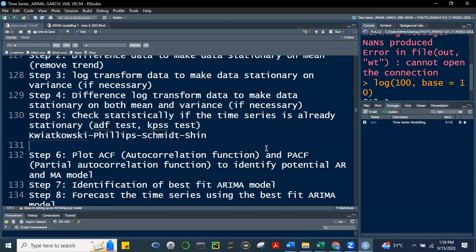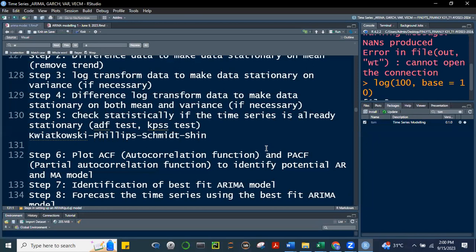We have concluded that our data is stationary, so we can now proceed with determining what model we are going to use. Is it an AR process? If it's an AR, is it AR1 or AR2? Or is it an MA process? If it's an MA process, is it MA1, MA2, or is it an ARMA process? Is it ARMA 1,1, ARMA 2,1, ARMA 2,2, etc.?